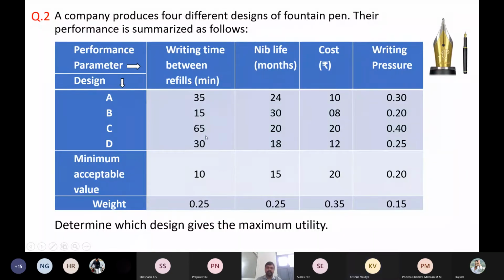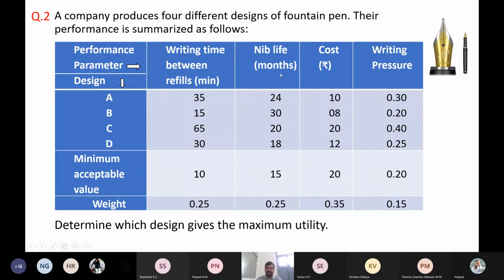C. Since the writing time between refills for design C is 65, the ink storage capacity of this design is large, so you can write continuously for 65 minutes without refilling.